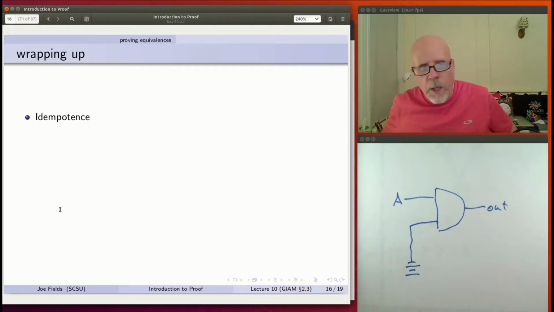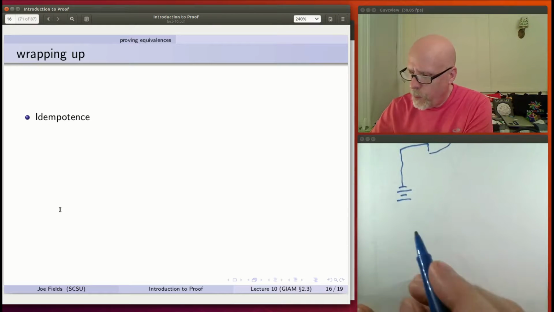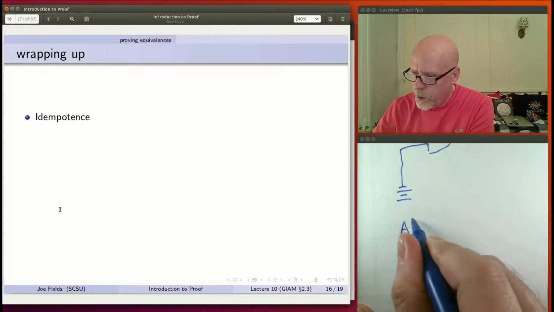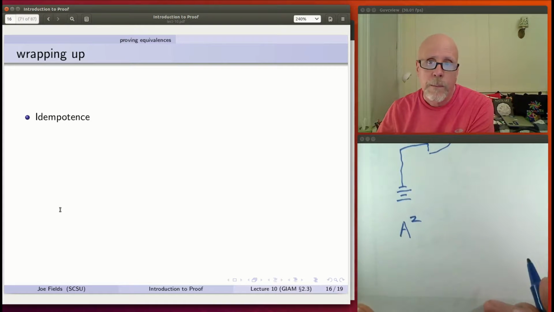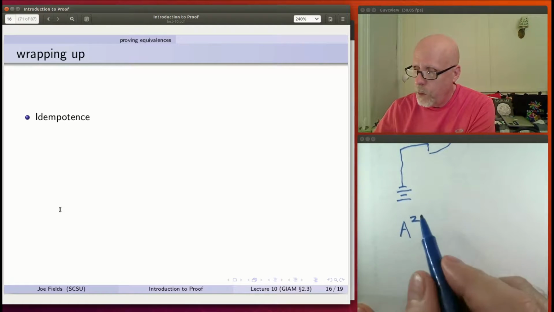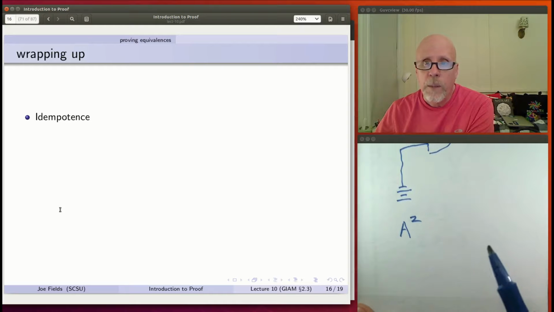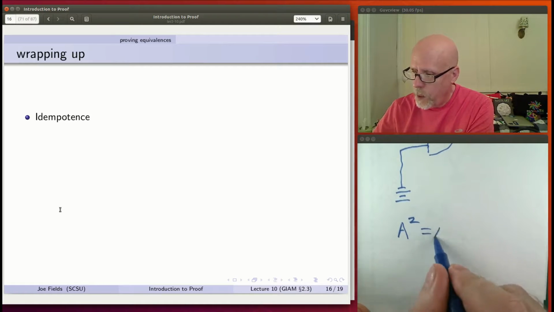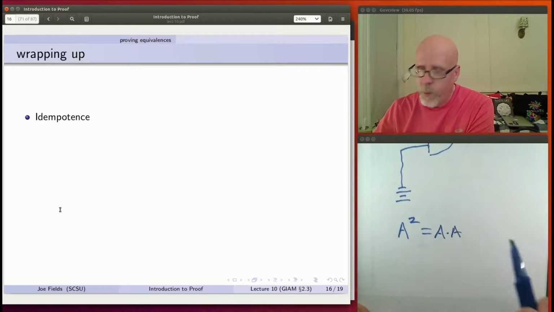The first one is called idempotence. Idempotence literally means same power or equal to your power. And I want to ask you for a second what it would mean in logic to do something like A squared. In ordinary algebra, squaring means multiply 2 times in this case. A squared equals A times A. But if we're in logic, that doesn't make sense.